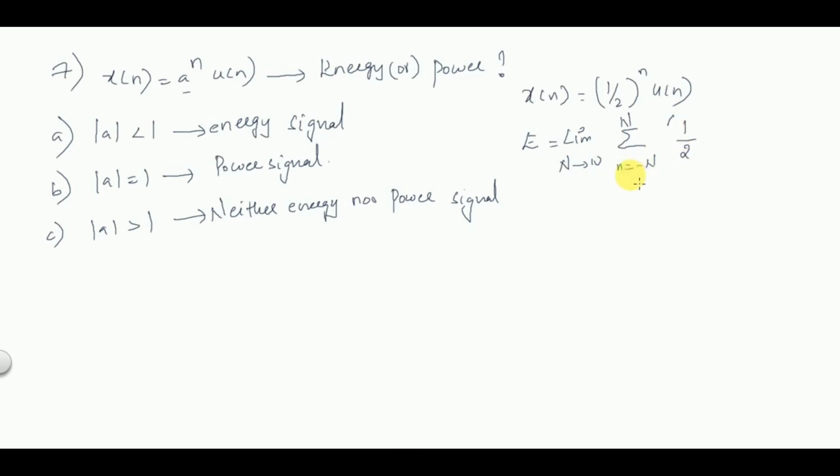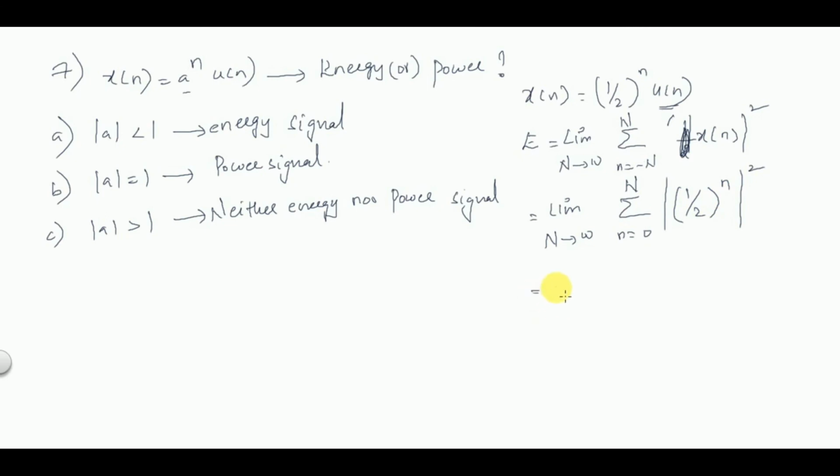Sorry, I have written it incorrectly, I will write the formula first: limit as n tends to infinity, summation n is equal to 0 to n, because it is multiplied by u of n, mod x of n whole square. So 1 by 2 whole power n, whole square.